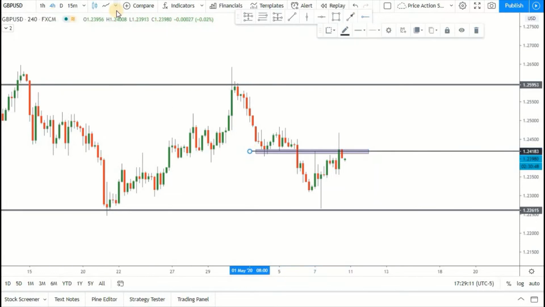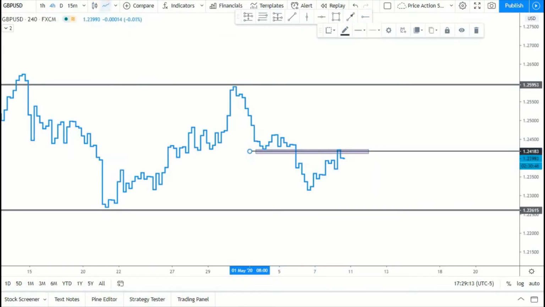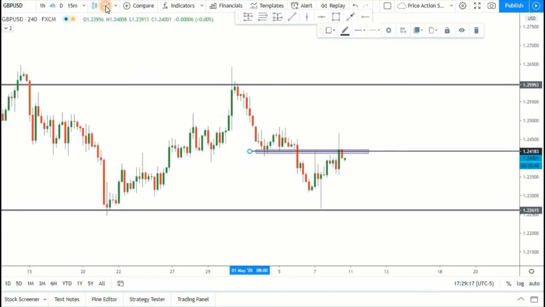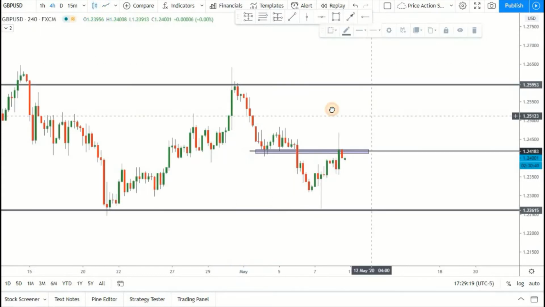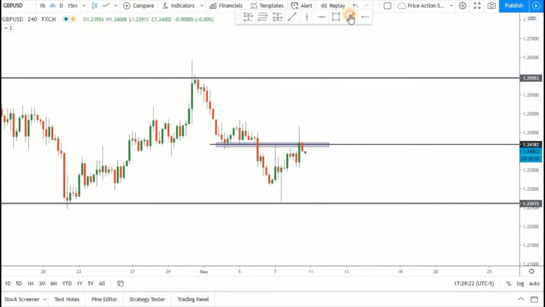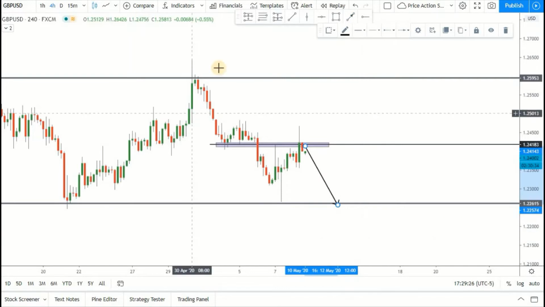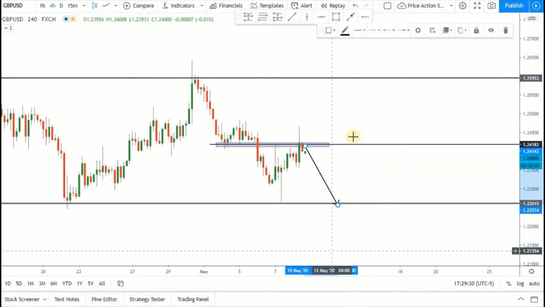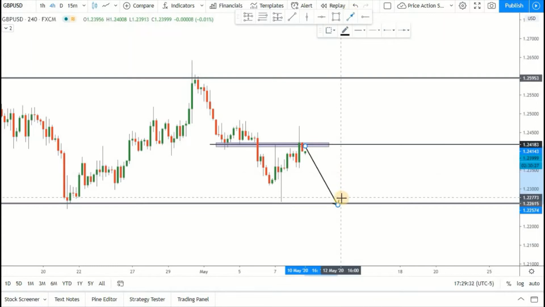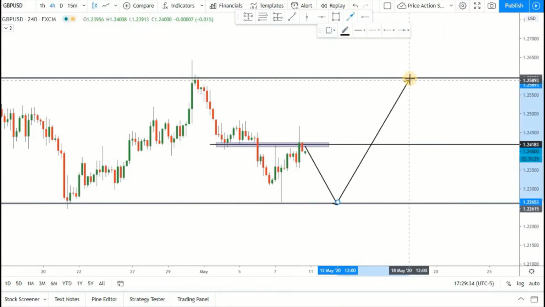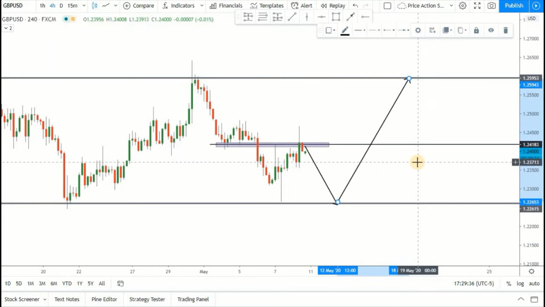Yes, that's the previous level of resistance. So what we could see is a push down back to level of support, and if we do get a push back down to 1.22615, then we could look for long opportunities back to this level of 1.25953.